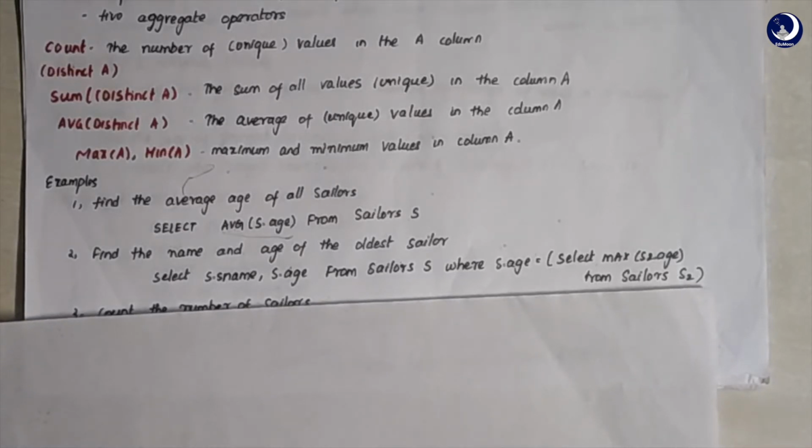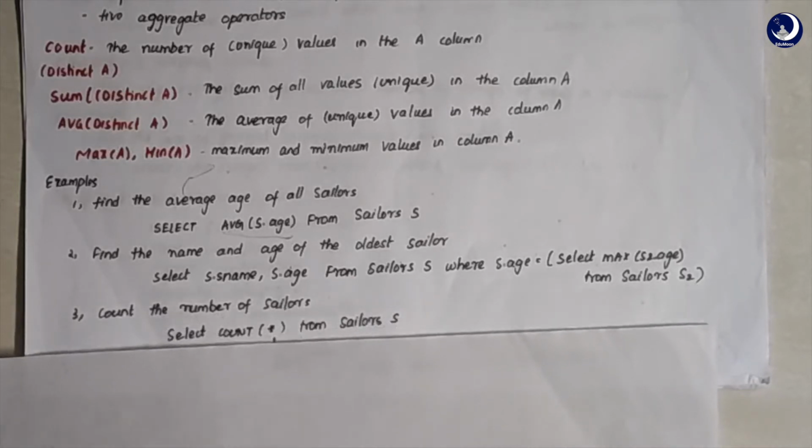Select s.name, s.age from sailors S where s.age is equal to select max of s.age from sailors S2. Here you should observe that I have not used the aggregate in the where clause, but I have embedded a query into another query. This is the fashion that we have seen in a previous video.